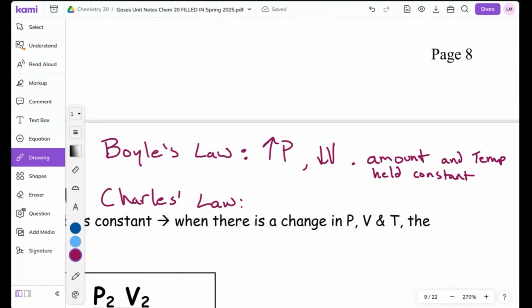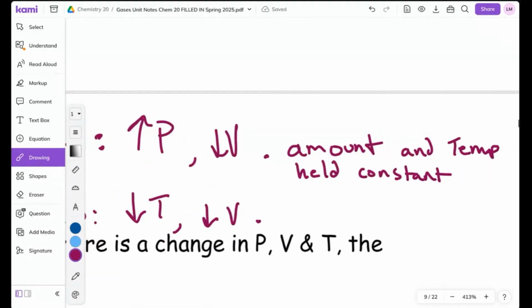Or conversely, when one decreases, so does the other. So for example, if temperature decreases for a gas, then the volume of that gas will also decrease. If temperature increased, then the volume of that gas would also increase. With Charles's law, it's the amount of gas as well as the pressure that is being held constant.